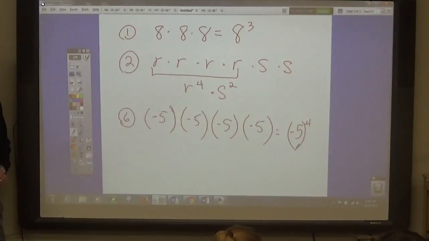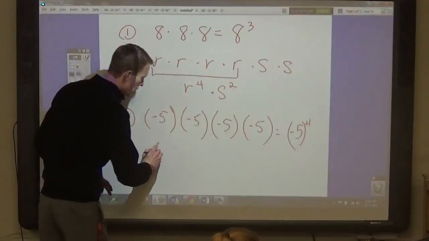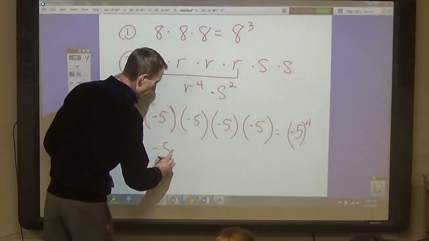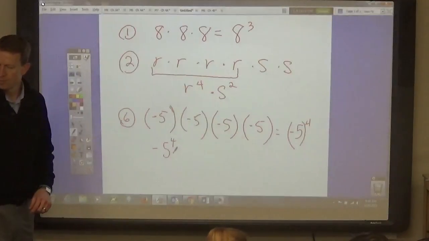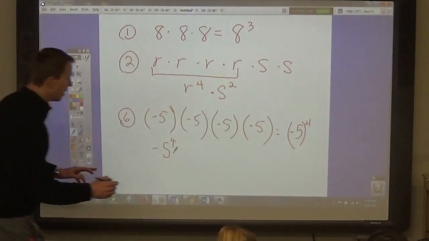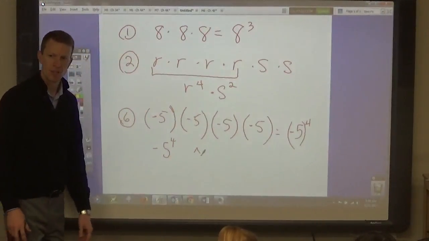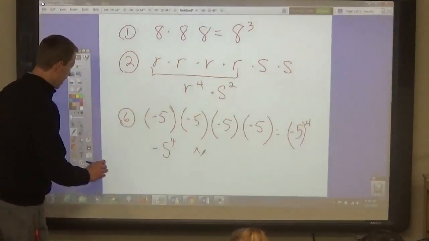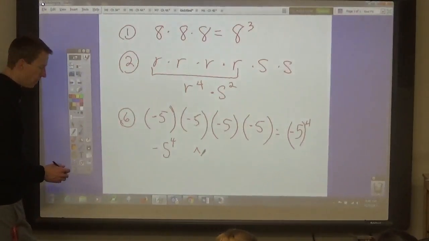Any questions on that? And then if you were to put that into your calculator, if you just typed in -5 to the fourth power, the little caret, look for that little thing. Oh, I found it. Now, on your calculator, you have to put parentheses around the negative and the 5.